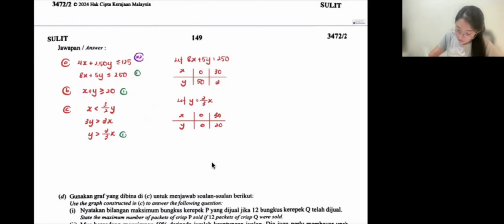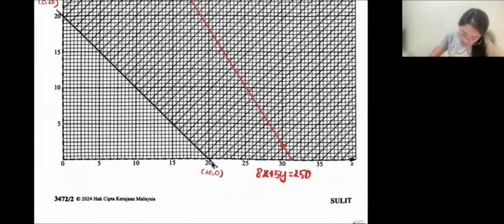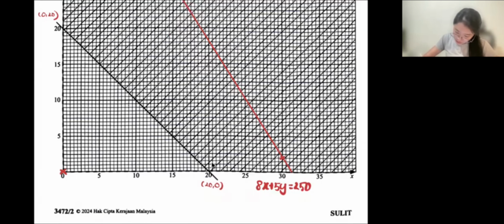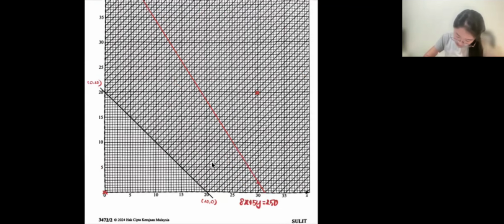This is a dotted line, because no equal sign. Dotted line, crossing the points at the center. Then label. This is y equals to 2/3x. Yeah, like this.